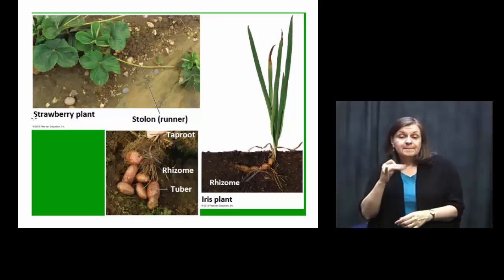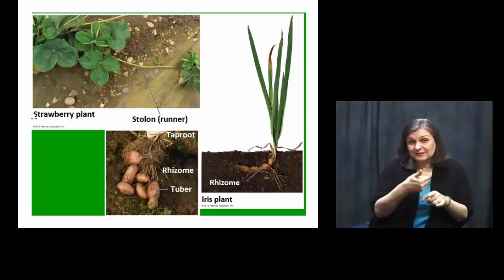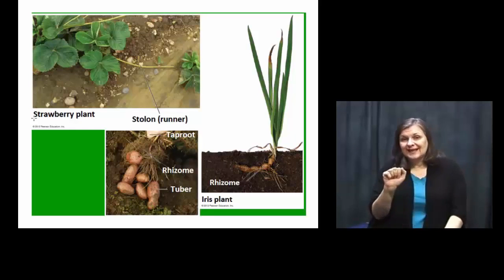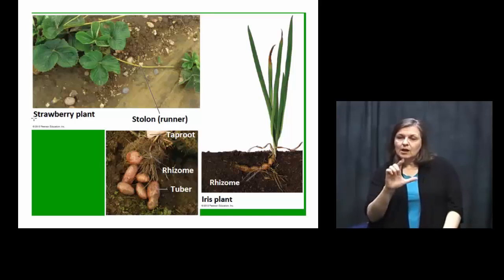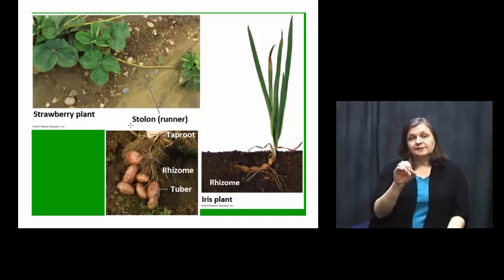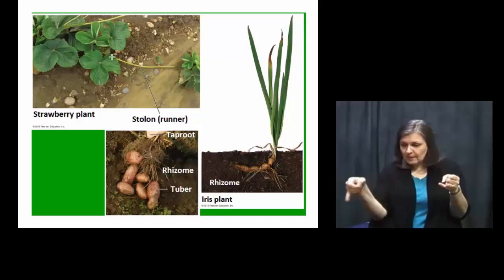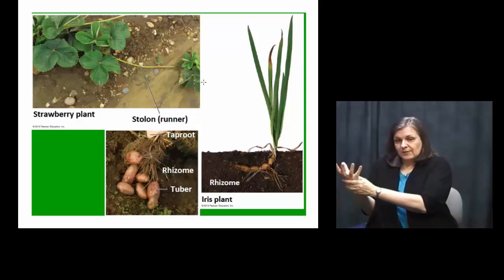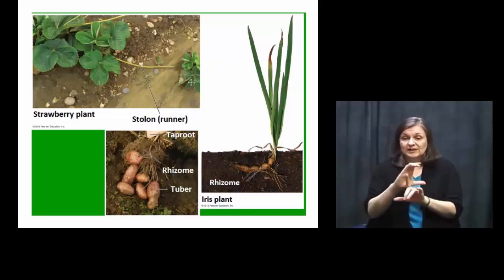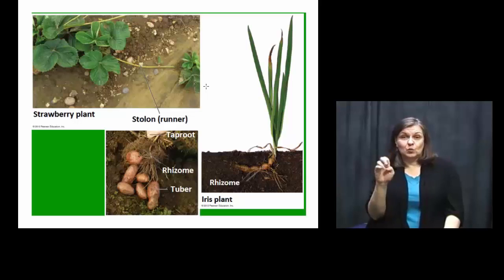But when we look at how a strawberry plant reproduces, it actually reproduces asexually. The strawberry plants that you see in the field are clones of one another. They produce stolon or runners that branch out from the original plant and form new little plants in the soil when the soil conditions are right. This is terrific for asexual reproduction.